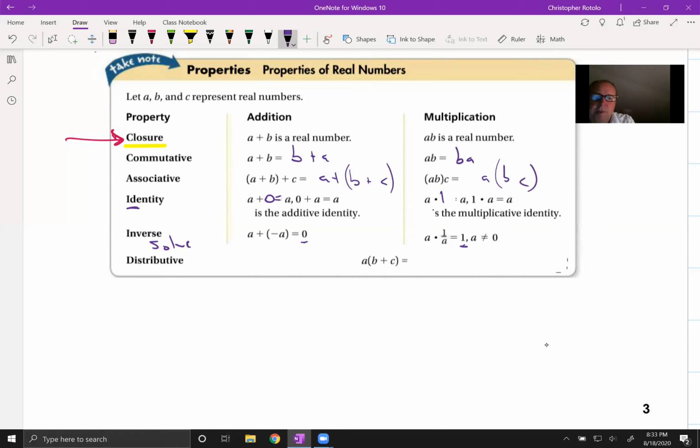And then distributive property, we know this is AB plus AC. We're going to have to distribute this bad boy right in there. Okay, so closure is probably the only real one that's new, but honestly, we don't really use it too much, but I want to make sure you have seen it in case it falls in somewhere.